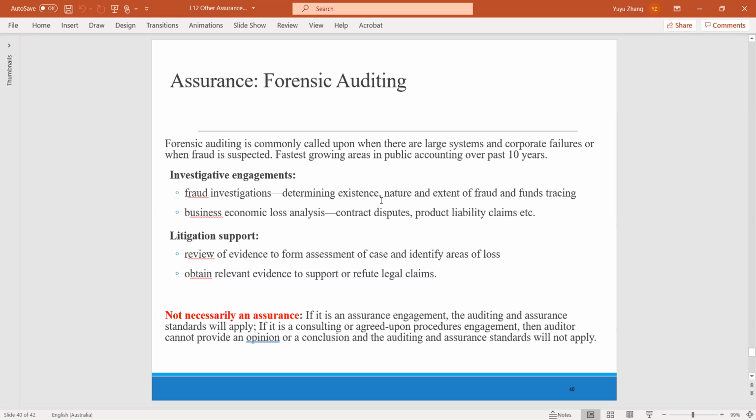So in practice, most forensic auditing is nothing about assurance, nothing about audit. It's more about criminal investigation procedure or fraud investigation procedure. But of course, if an assurance report will be issued, they could also add the assurance service onto forensic audit as well.